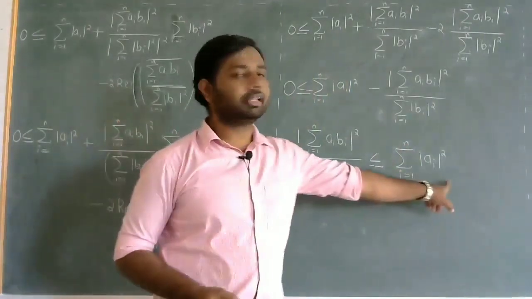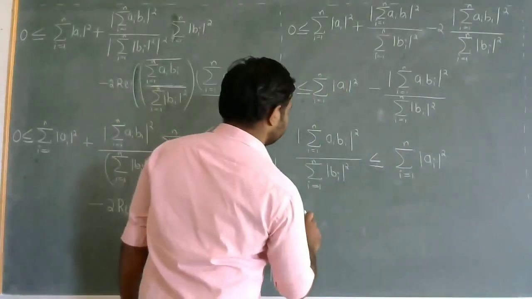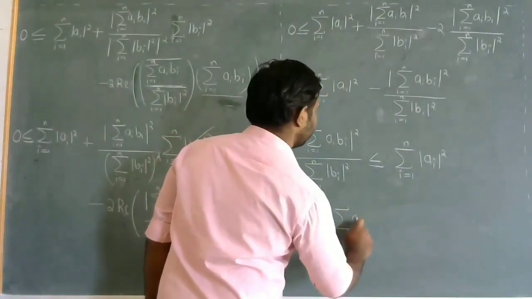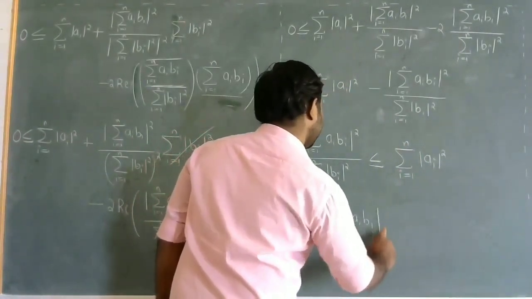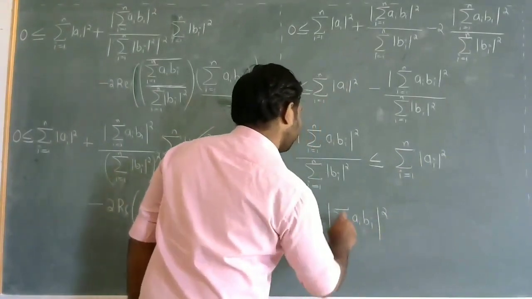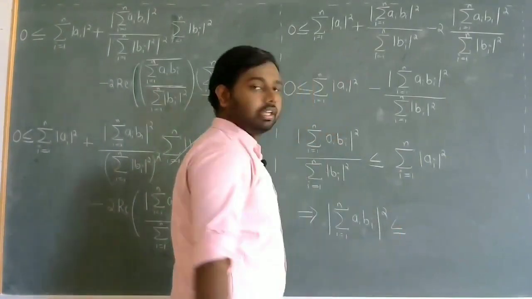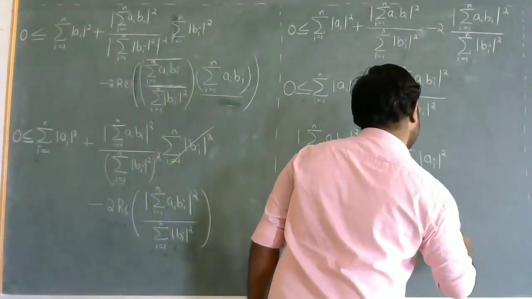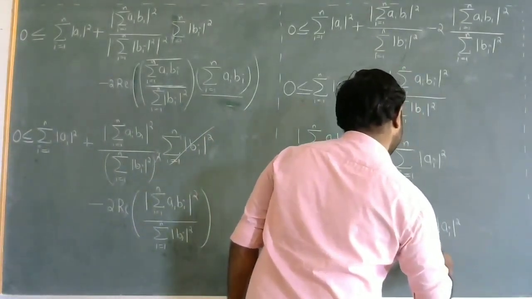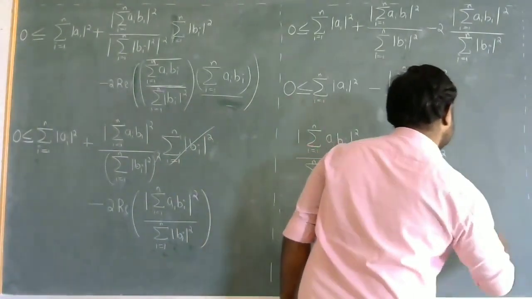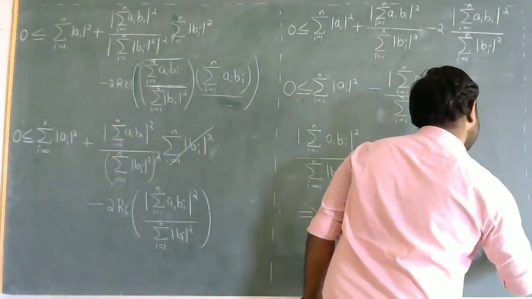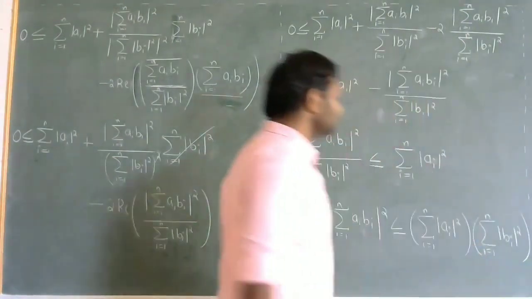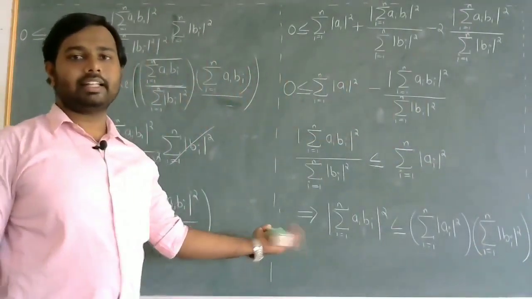Now cross multiply this term, which implies modulus of summation ai bi whole square is less than or equal to summation modulus of ai whole square into summation modulus of bi square. So we got the required inequality.